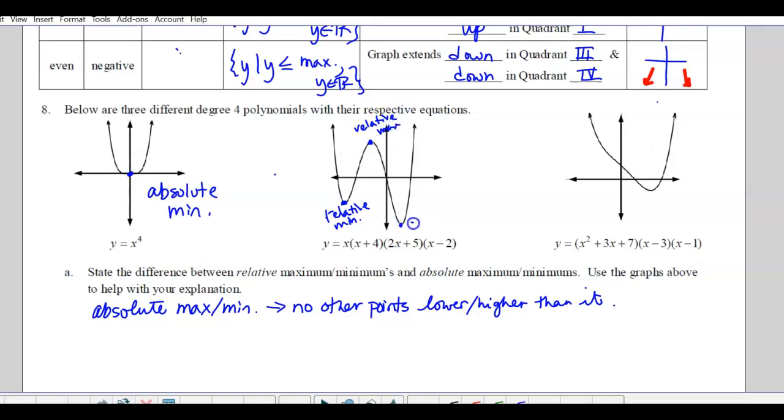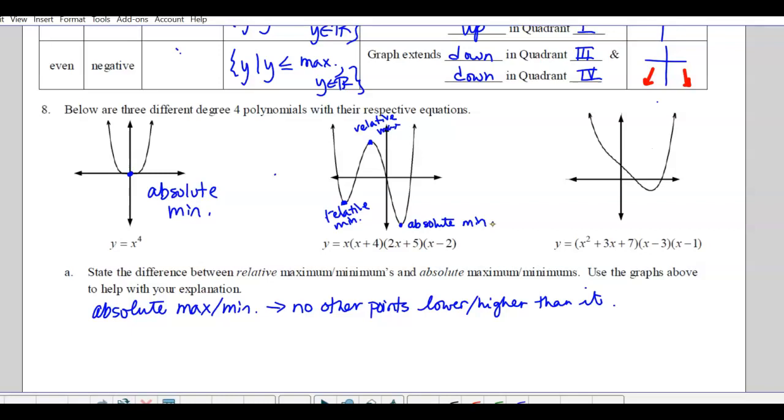This would be an absolute min, because there is nothing anywhere else that's lower than it. But here, that relative min is relative to the points around it. It's the minimum, but there are other points in the graph that are lower.